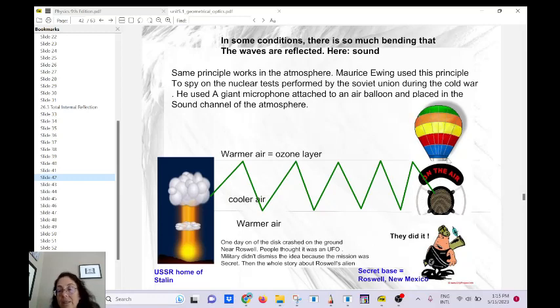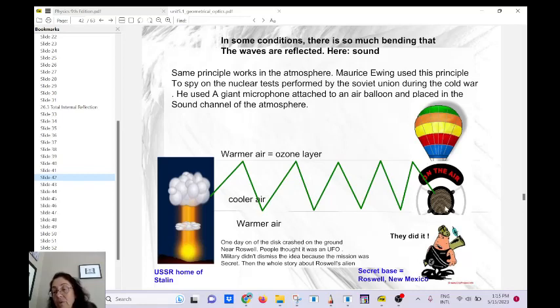It was classified, of course, and they were using a sound channel that exists in the atmosphere. So here you have warmer air because the molecules here are ionized, so it's going to be the ozone layer. Here you have warmer air because you are close to the earth, and here it's cooler. So the sound can be trapped inside that sound channel in the atmosphere.